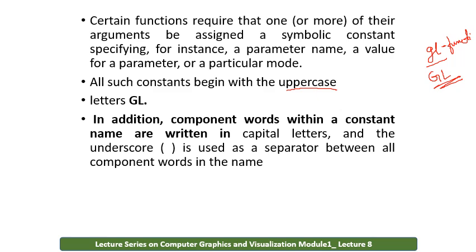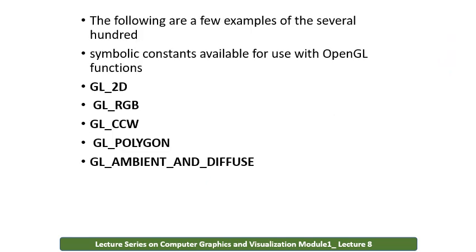In addition, the component words within a constant name are written in capital letters, and the underscore is used as a separator between all component words in the name. The following are a few examples of the several hundred symbolic constants available with OpenGL functions. These symbolic constants are used as parameters to the different functions, and they start with capital GL underscore and then the name.